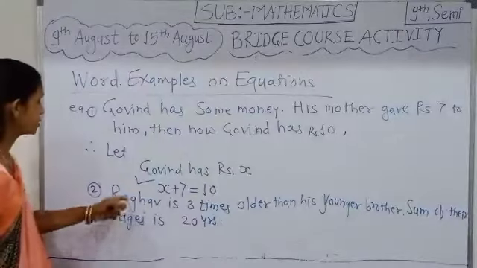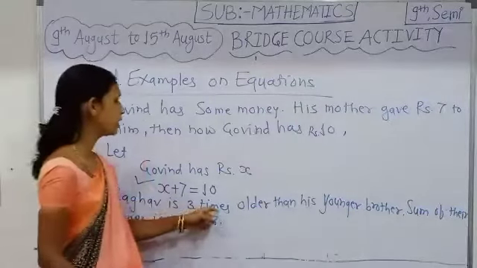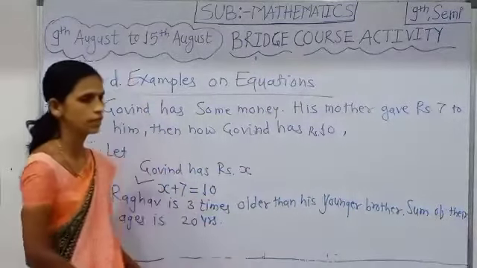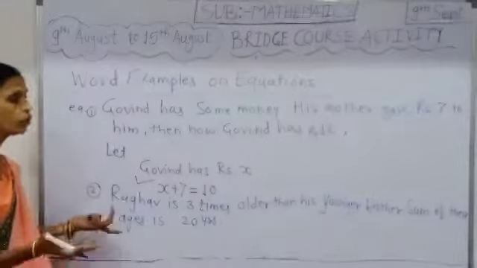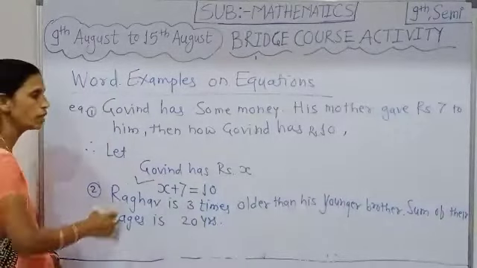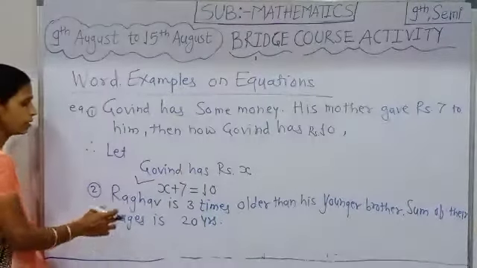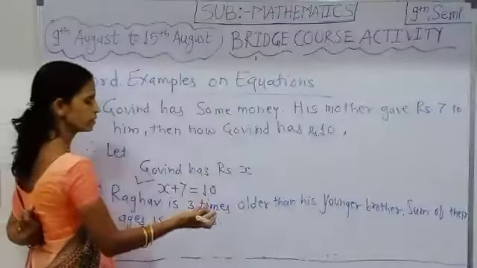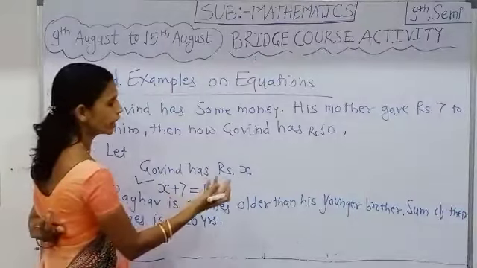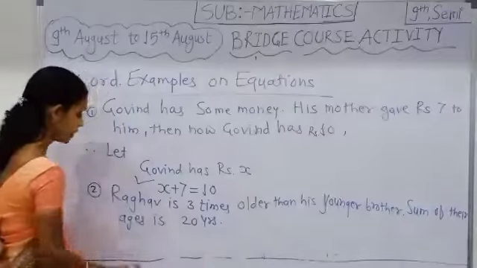Then see here, Raghav is 3 times older than his younger brother. That means we don't know the age of the younger brother, but Raghav is thrice the age of his younger brother.